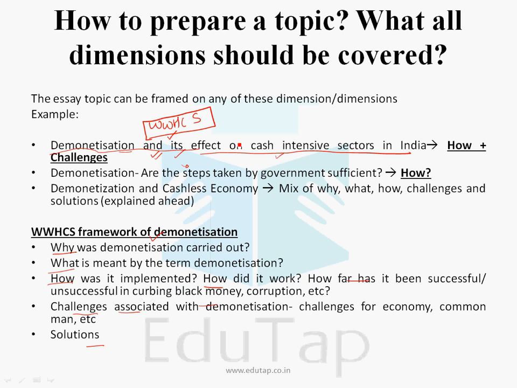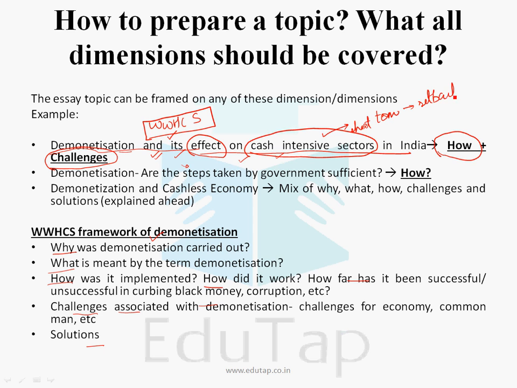As far as this topic is concerned, demonetization and its effect on cash intensive sectors, you can clearly make out that it is centered around the how of the topic and the challenges of the topic. The topic asks about the effect of demonetization on cash intensive sectors in India, and we know that in the short term they received a setback.